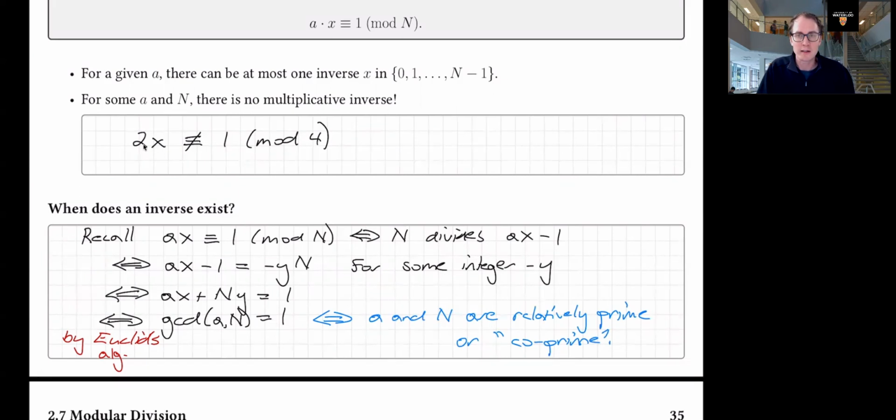So you can see here in this equation, a is 2, n is 4. Their greatest common divisor is 2, which is not 1. So these two numbers are not coprime, and that's why this doesn't have a solution.